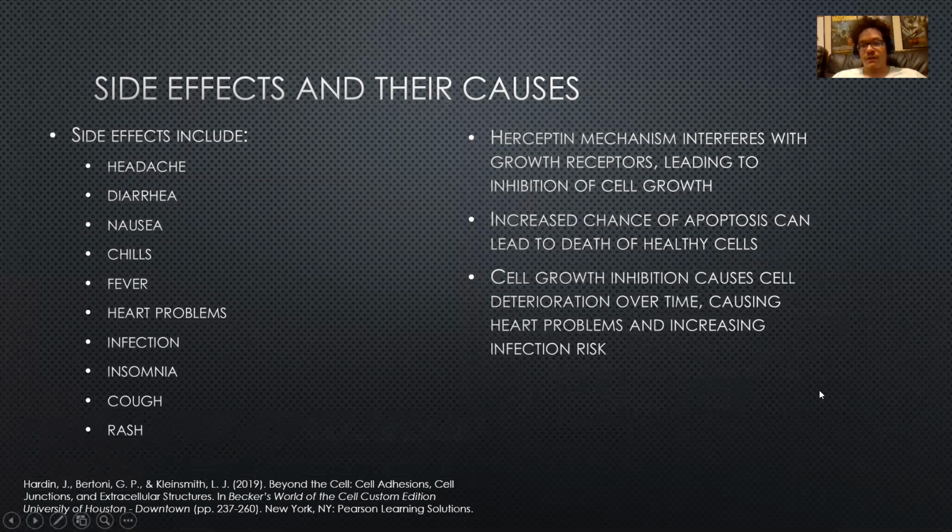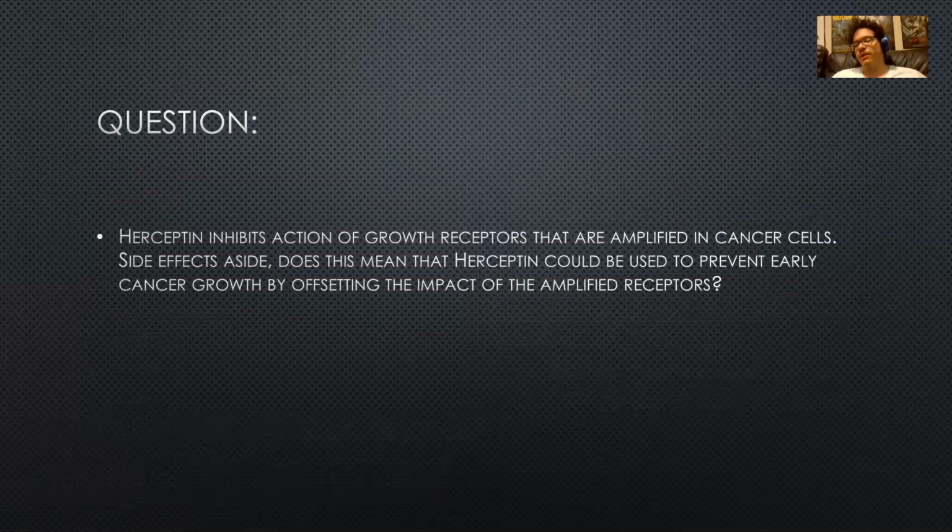Now, with that in mind, with how these proteins, antibodies fight infection, fight tumor cells, my question is, side effects aside, as we discussed before, from taking this drug, does this mean that these kinds of antibodies, monoclonal antibodies that target the growth of tumors mediated by growth signal receptors, could be used to prevent tumors from developing in the first place, sort of by offsetting the activity of this amplified receptor protein and preventing the tumor from developing at all?